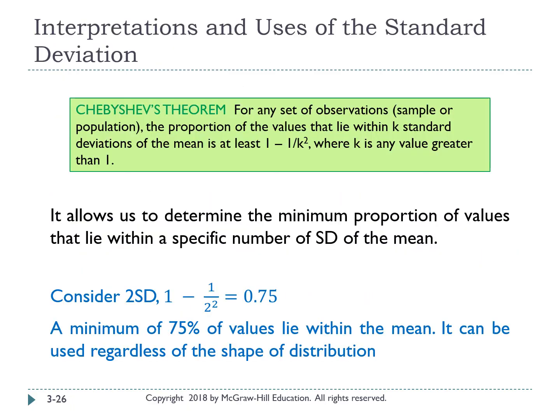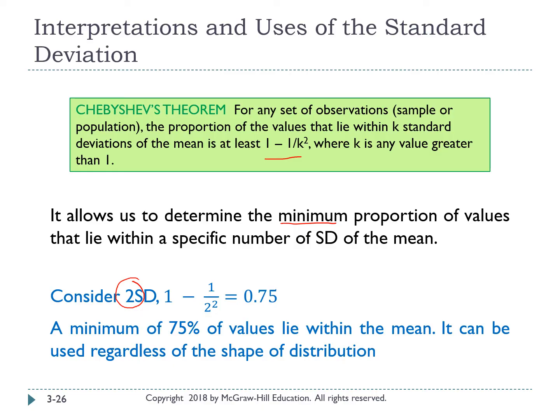We can also use standard deviation to describe a distribution. The Russian mathematician Chebyshev developed a theorem that allows us to determine the minimum proportion of values that lie within a specific number of standard deviations of the mean. For instance, let's consider k equal to 2. According to the Chebyshev theorem, the formula is 1 minus 1 over k squared.